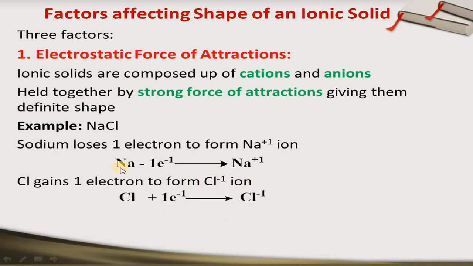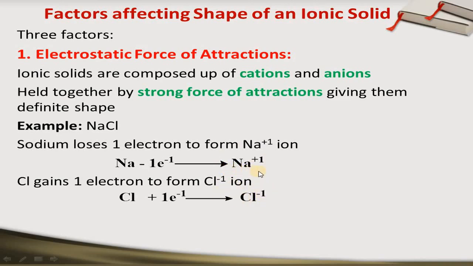The electron lost from sodium is gained by chlorine. So this is the sodium cation and this is the chloride anion.